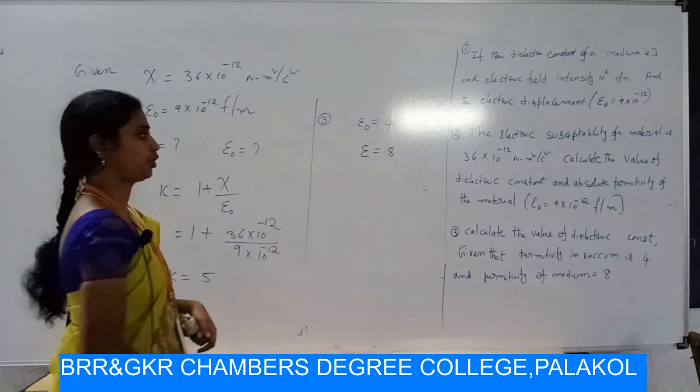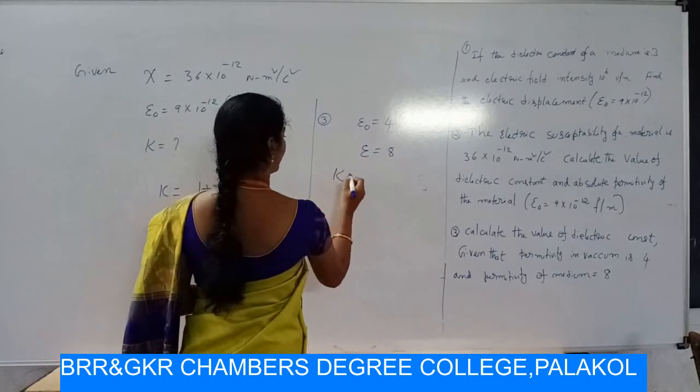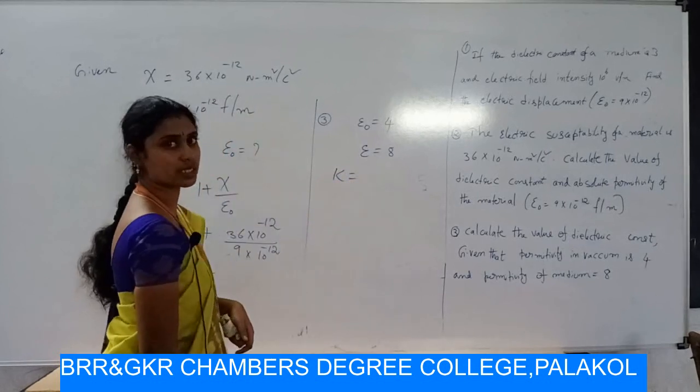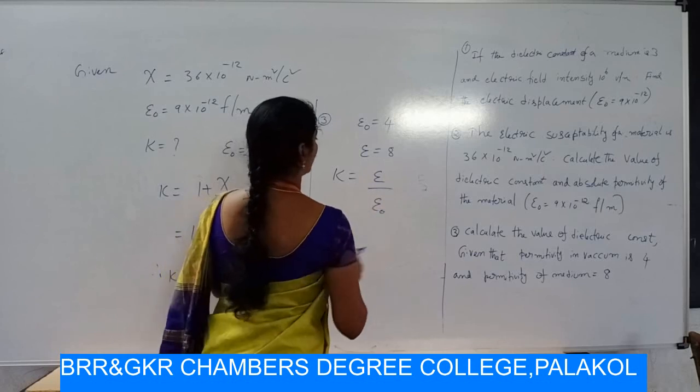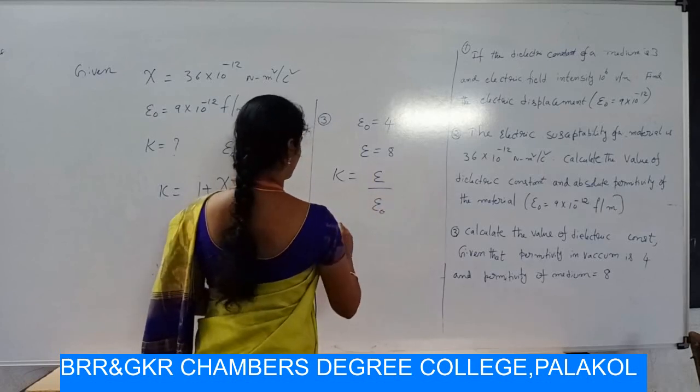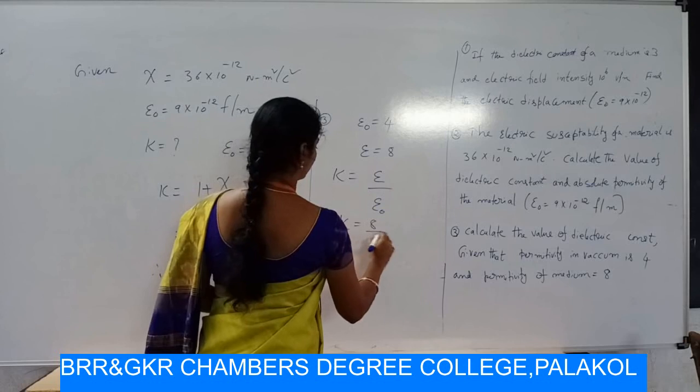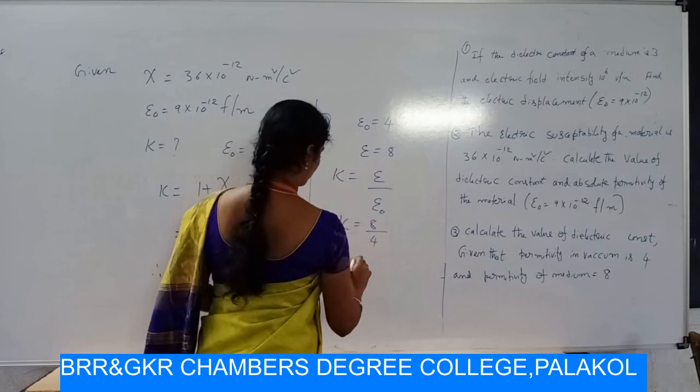We know the ratio of the permittivity of the medium to the permittivity of free space is the dielectric constant. Then K equal to epsilon by epsilon naught. By substituting and simplifying, we have K equal to 2.